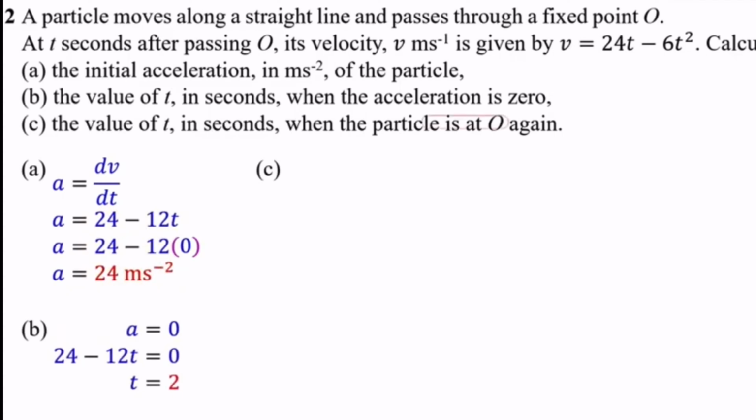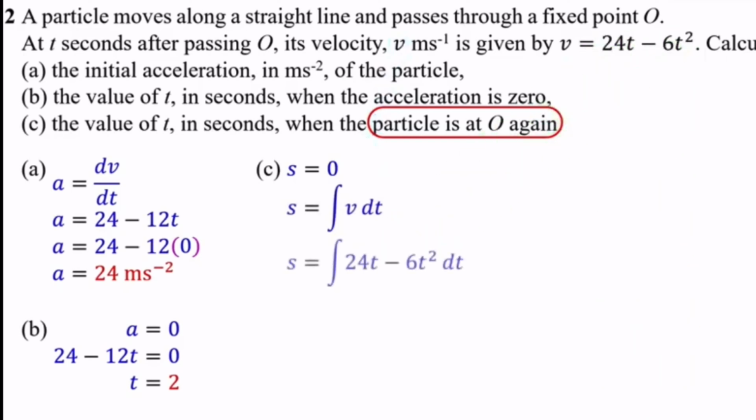Alright, so let's proceed to see the value of t in seconds when the particle is at O again. When the particle goes back to the original point, we need to let the displacement equal to 0. In order to get the displacement function in terms of t, we need to integrate the velocity.